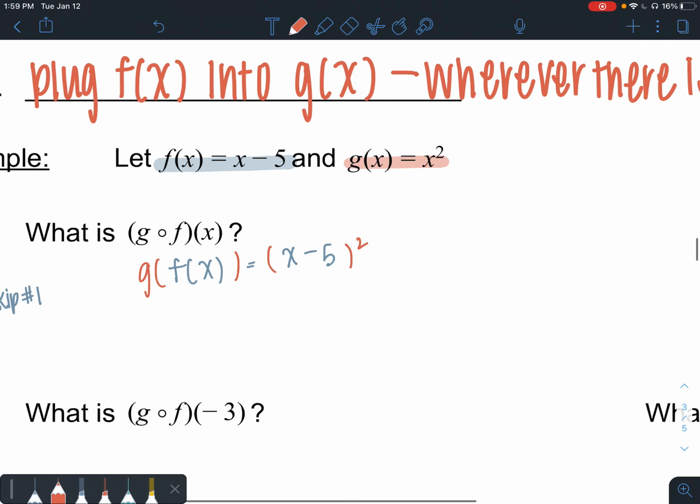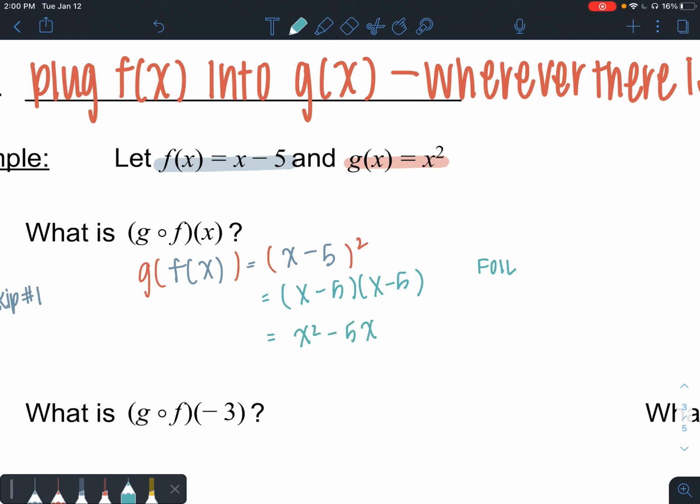And then we just simplify. We'll write this out as x minus 5 times x minus 5. We want to expand that out, and now we want to FOIL. So we get x squared minus 5x minus 5x plus 25.